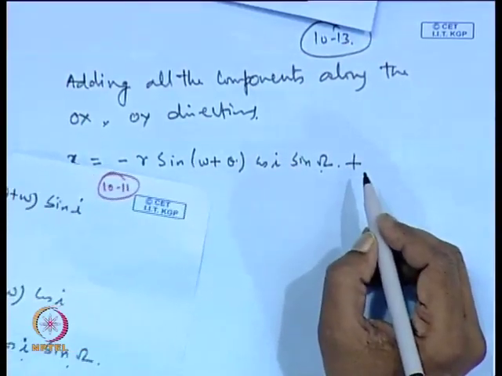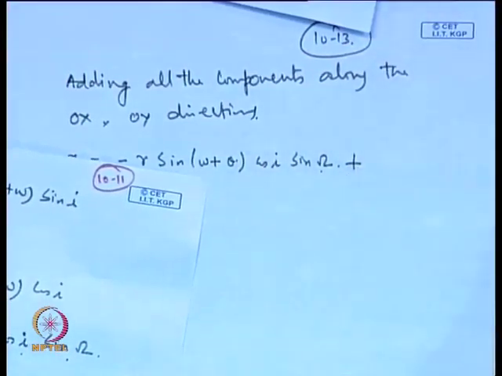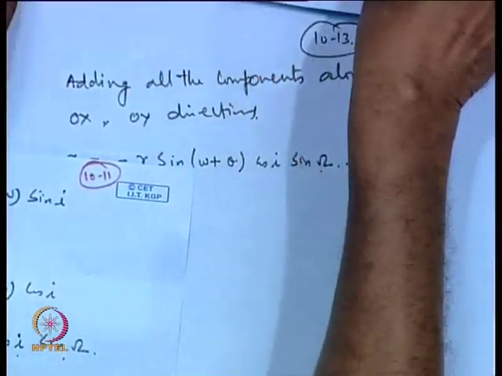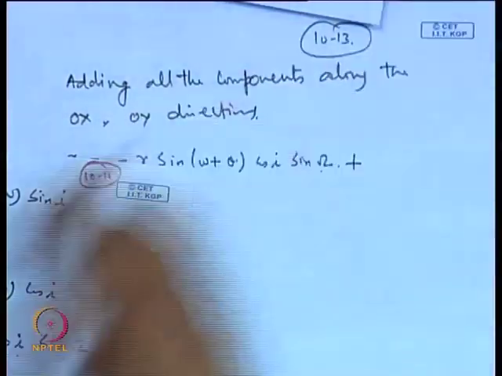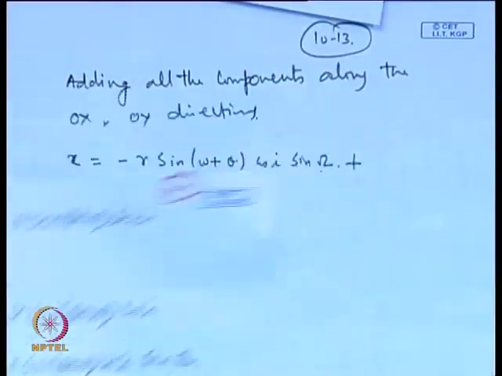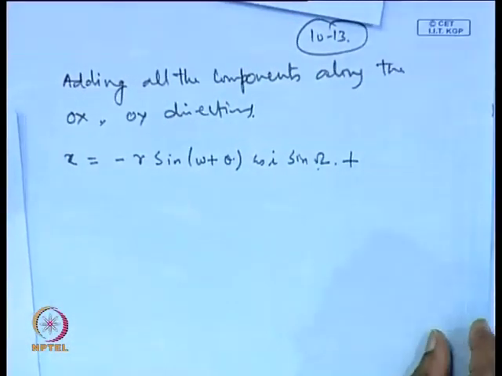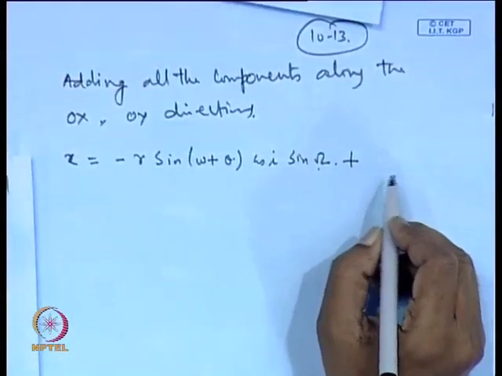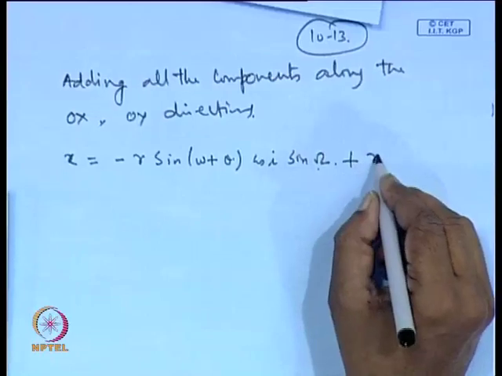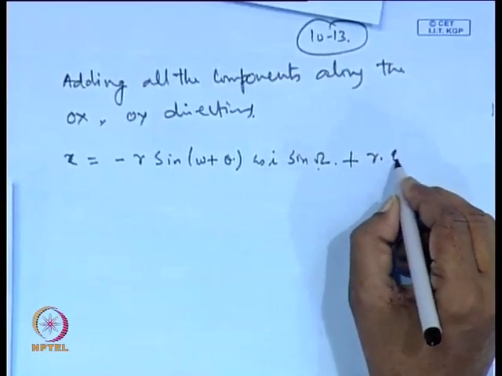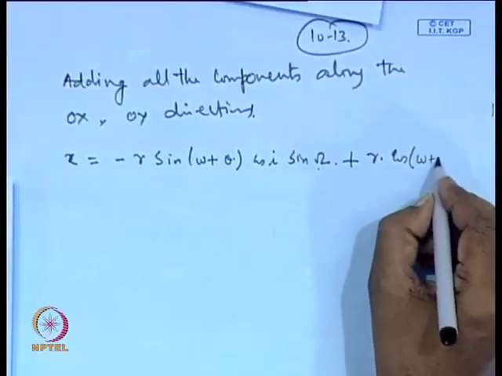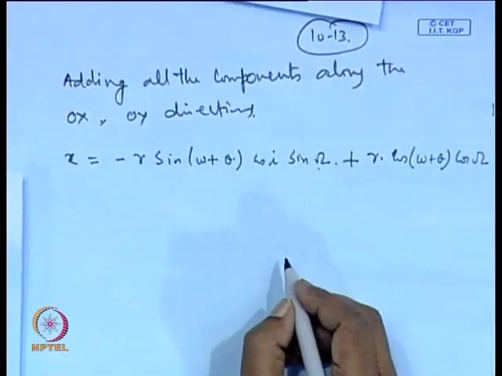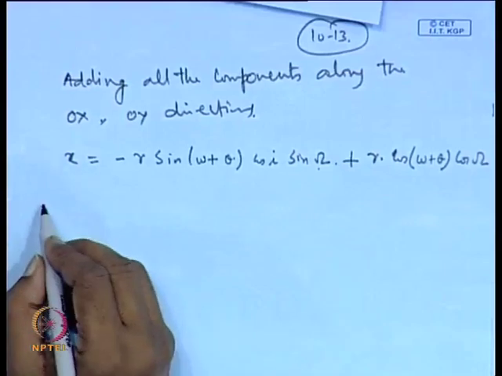Next, another component of O x, okay, another component of the O x is r cos(omega plus theta) times cos capital omega. Okay.